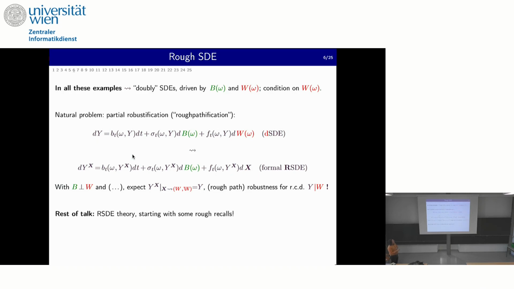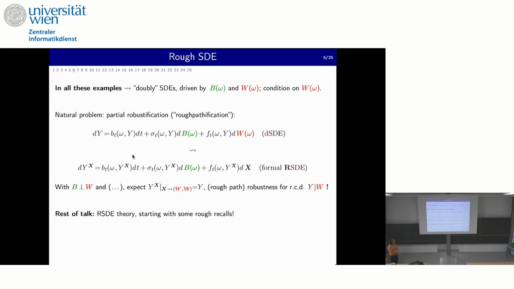And what you want is to understand this guy conditionally on the second Brownian motion. For me, the obvious thing to do is to try to make this a rough path, which is an analytic object. Then you can do everything you want. And later in the day, you can randomize this rough path. You plug in basically Brownian motion and iterated integrals, and then you recover the original problem.